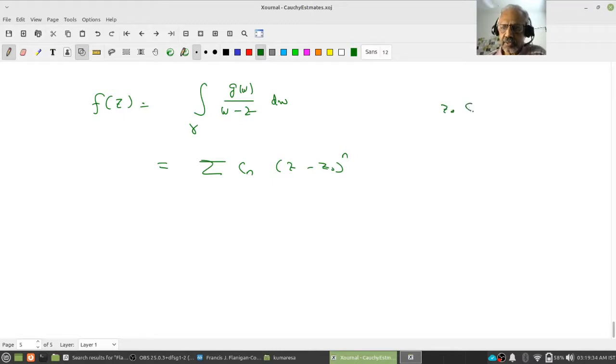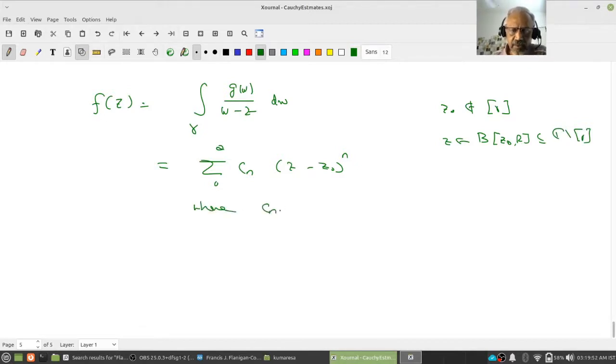Choose a z0 not in gamma and z in some B(z0, r) contained in C minus gamma, and so on, where the c_n are given by the integral over gamma of g(w) by (w minus z0) to the power n plus 1 dw.